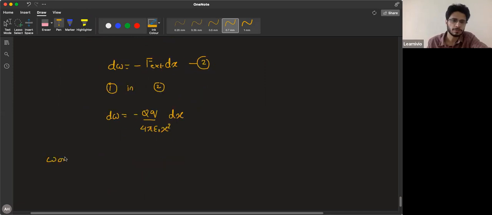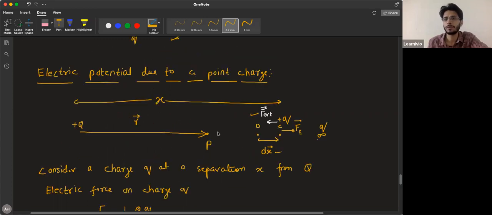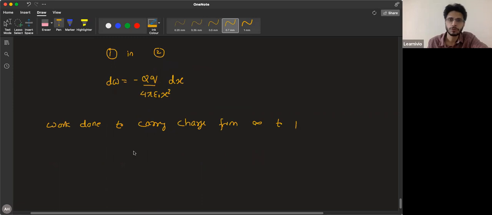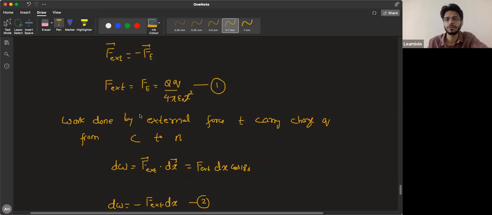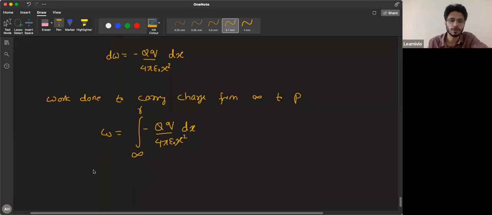Then I need the work done to carry charge from infinity to point P. For this, we'll just integrate minus Qq over 4 pi epsilon naught x squared dx. We are integrating from infinity to P. The position vector of P is r, so integrating from infinity to r.